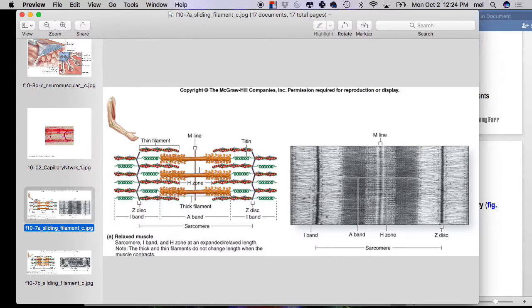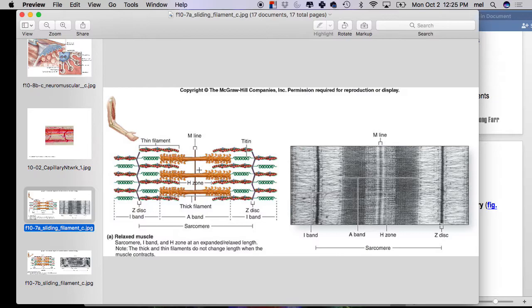Its name is myosin, and they call it the thick myofilament. What does myofilament mean? Muscle, yeah, basically a long, skinny muscle protein thing. Does that make sense? Okay.